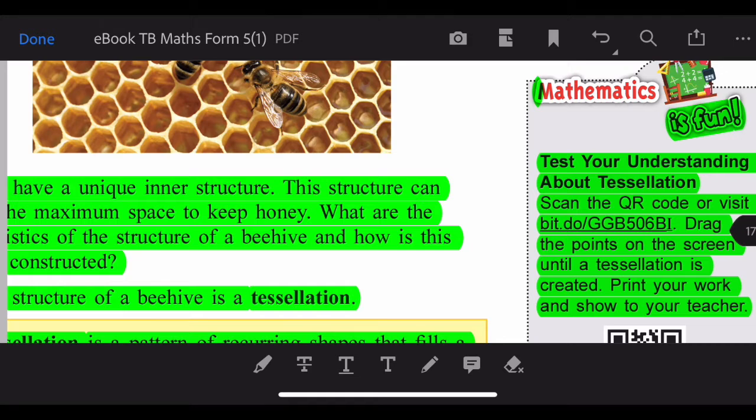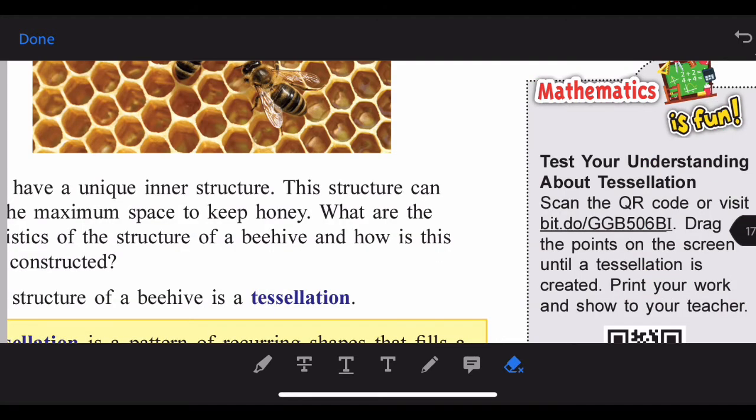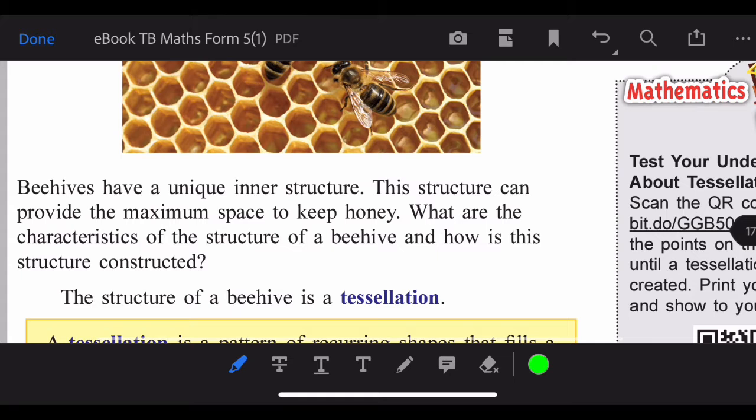I would like to explain the meaning of tessellation. So let's go through and read. Beehives have a unique inner structure. The structure can provide the maximum space to keep honey, right?